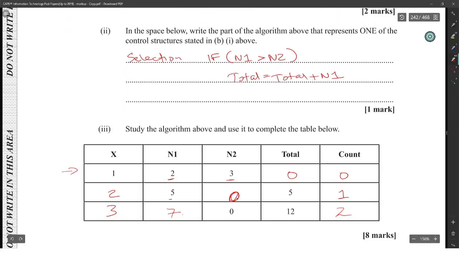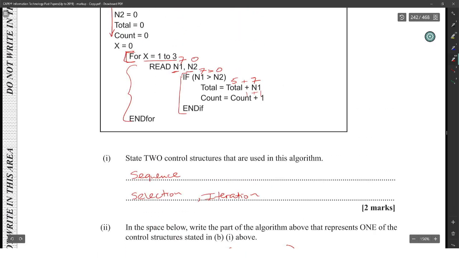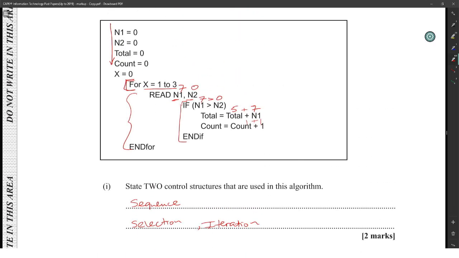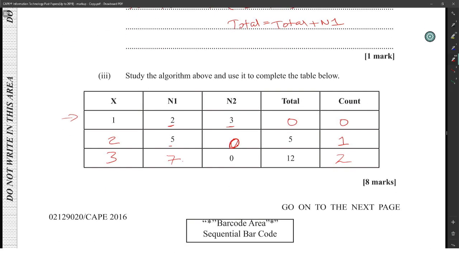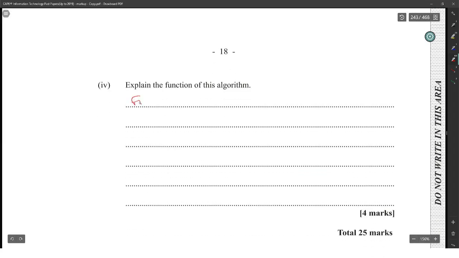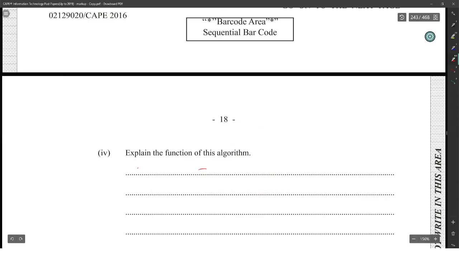Explain the function of this algorithm. These are the questions where you have to kind of make sense of what they're trying to do. Find the total of all values if the first number is greater than the second number. Okay, is there any pattern? 5 and 12? Nope. Okay, so, find the total of 3 sets of 2 numbers.